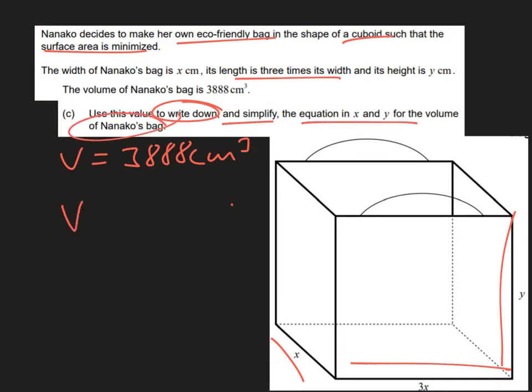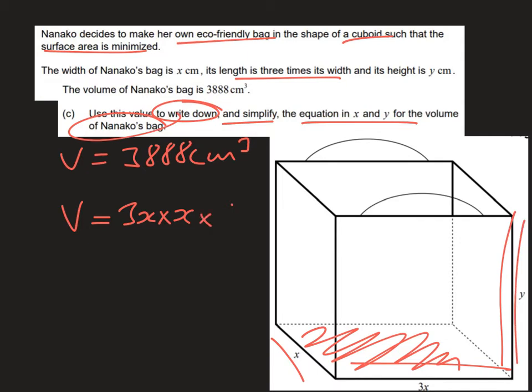Now, we said in the previous question that the volume is the area of the base, which is here going to be 3x times x, multiplied by the height, which is y. So we know the expression for the volume is going to be 3x squared y, and we know that that is going to be equal to 3,888 centimeters cubed.